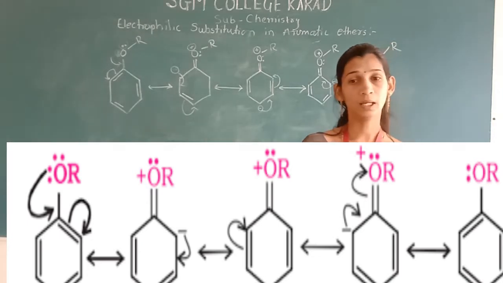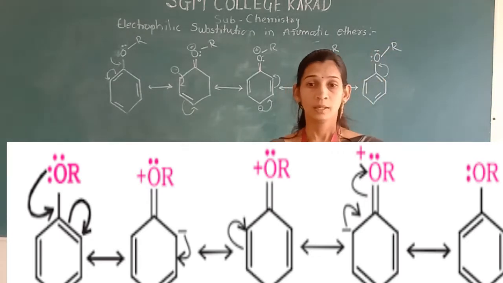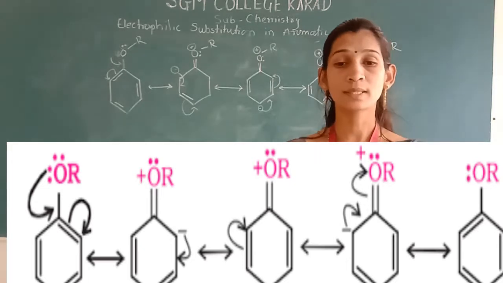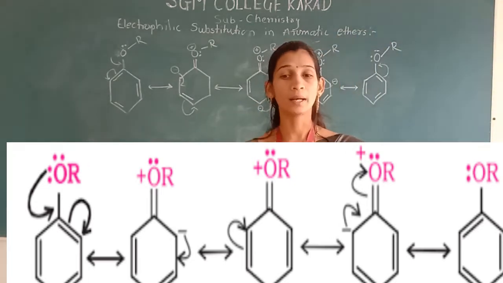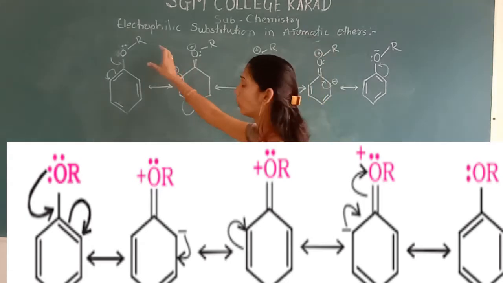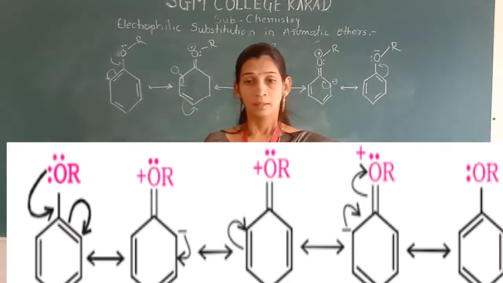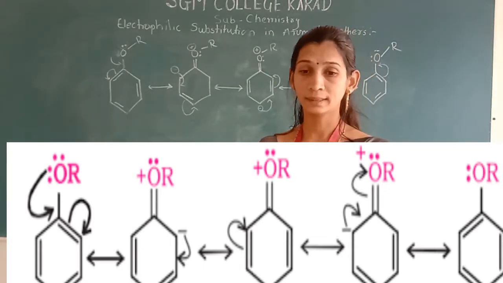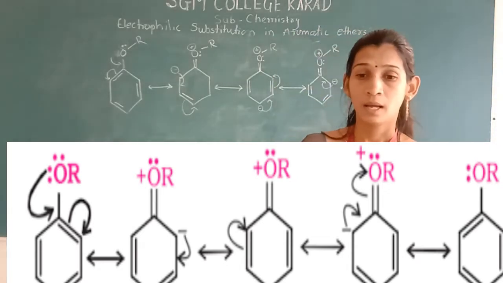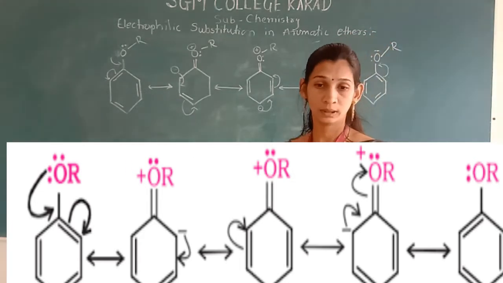It is our electrophilic substitution. Now the positive R effect of that OR group results in increased electron density at the para and two ortho positions.